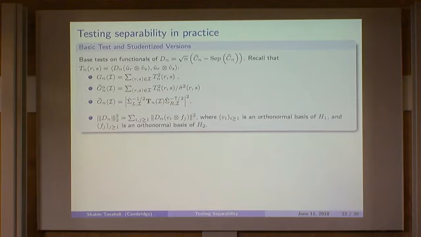If I didn't know the asymptotics, I could use this test and bootstrap the distribution. If I just knew the marginal distribution of these projections, I could use this test. And if I know the joint distribution of the projections, I can use this test. I'm going to compare these three tests and see what the differences are.